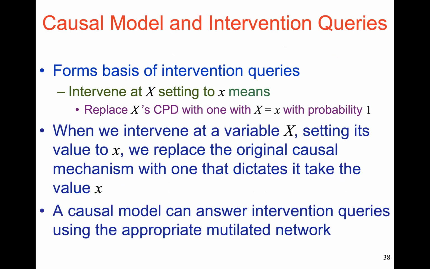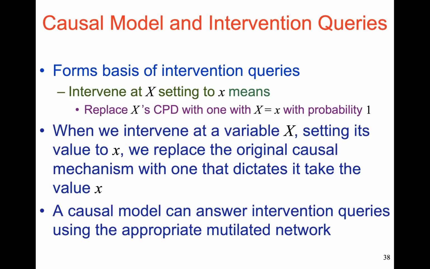Now comes causal models and intervention queries. This forms the basis of intervention queries. To intervene at X, setting it to small x, means to replace X's CPD with capital X equal to small x with probability 1. When we intervene at a variable X, setting its value to small x, we replace the original causal mechanism with one that dictates it to take the value small x.